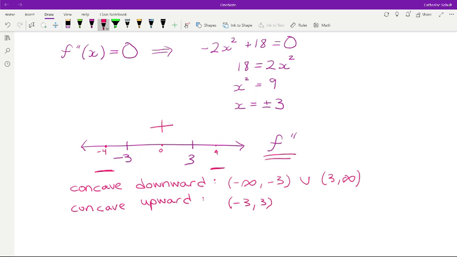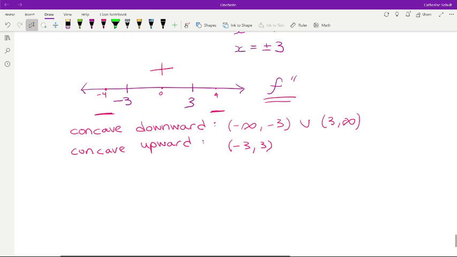Okay? And because there's a change in sign of the double derivative, we have 2 inflection points at -3 and 3. Okay?